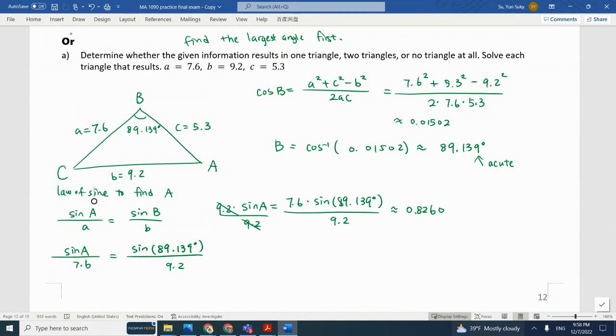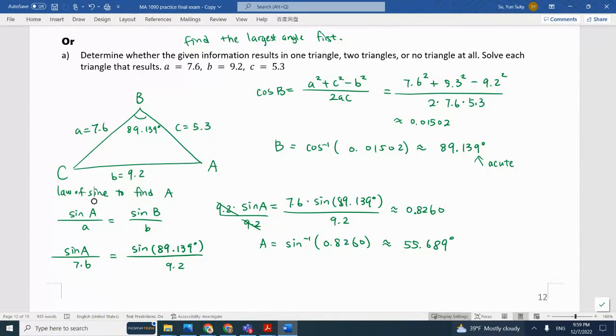Maybe keep one more digit. When I calculated, I didn't keep 5 digits. It's better to keep more digits. And then when you do inverse sine, you get 55.689 degrees. That's the angle A.